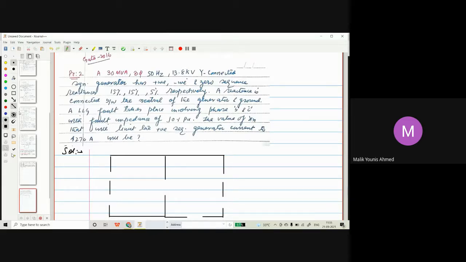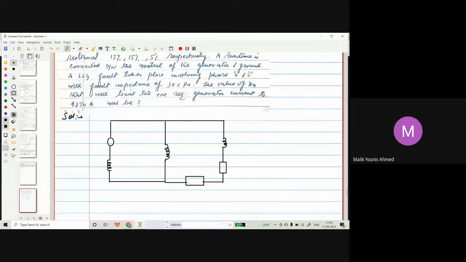Okay, so we have only one source. So this is EA1, we know this. This is Z1.